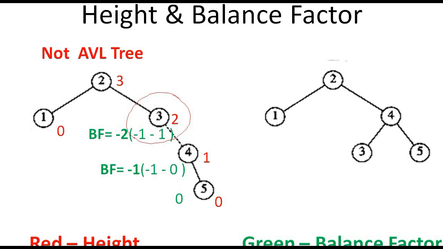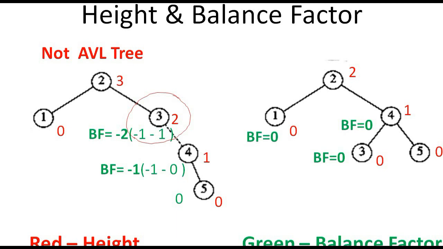So this one is not called an AVL tree. Then let's check the next tree. The height of the leaf nodes 1, 3 and 5 is 0. The height of 4 is 1. The height of the root node 2 is 2. Then we will check the balance factor. The balance factor of 3 is 0. The balance factor of 4 is 0, because 0 minus 0.